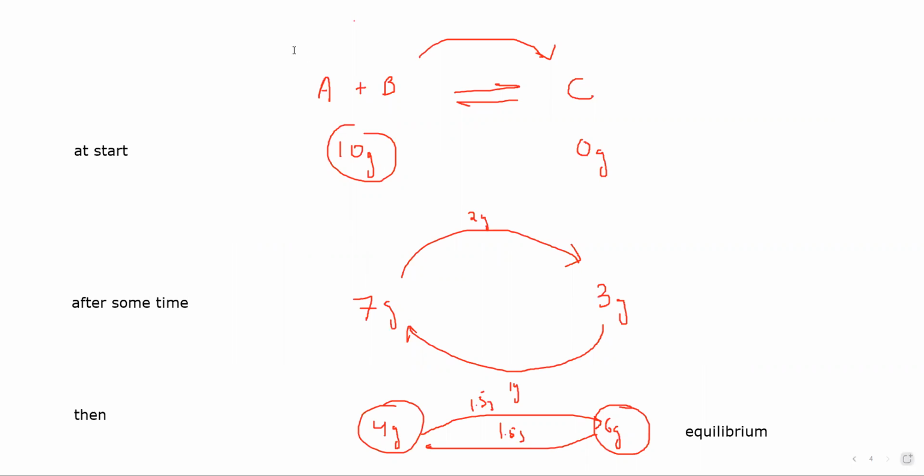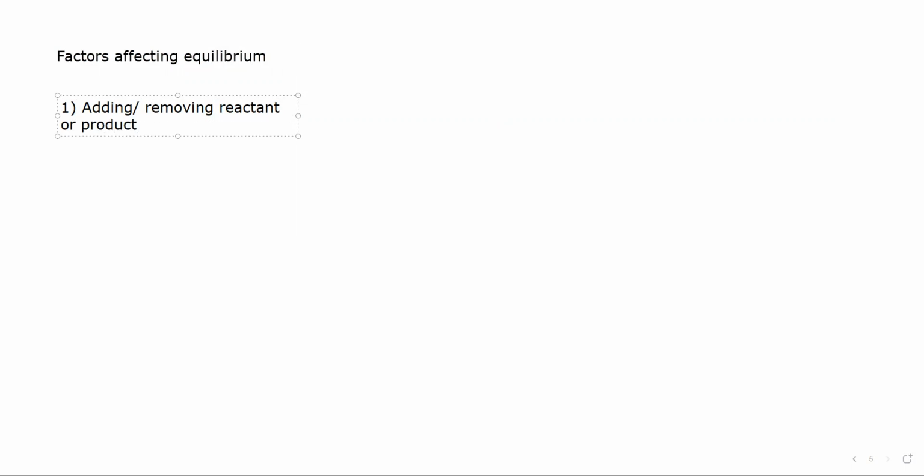The next part will be factors affecting the equilibrium, which we'll discuss in the next class tomorrow. I'll just mention the names. The equilibrium balance can be affected by adding or removing the amount of product or reactant. I can change the amount of reactant or product in the mixture, and that can affect the balance.